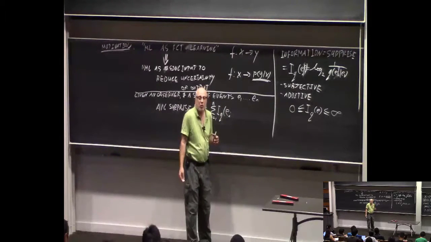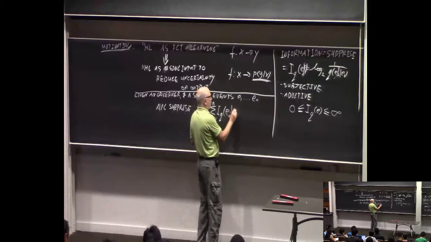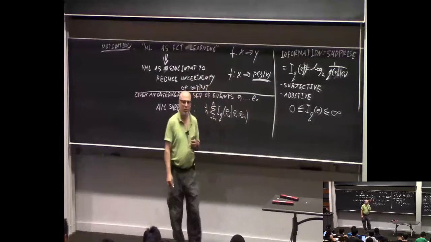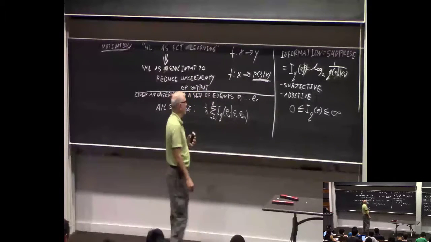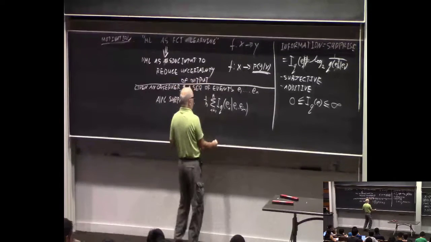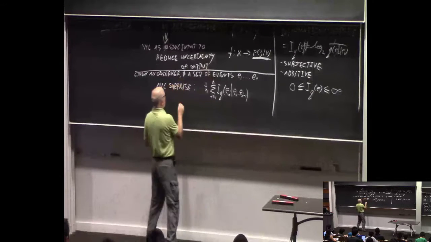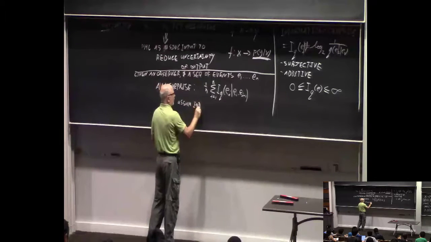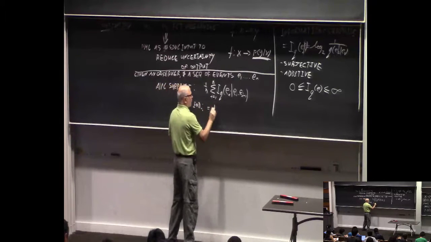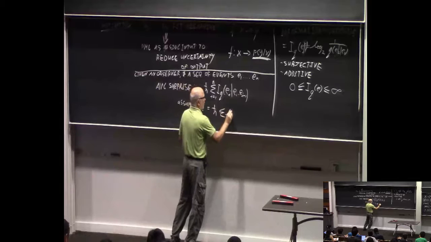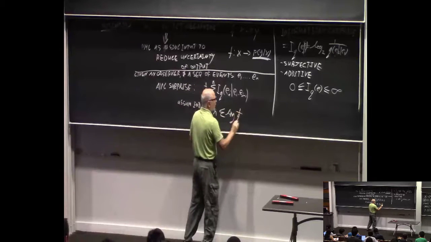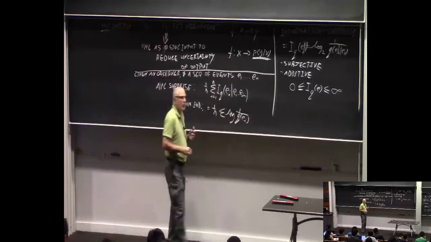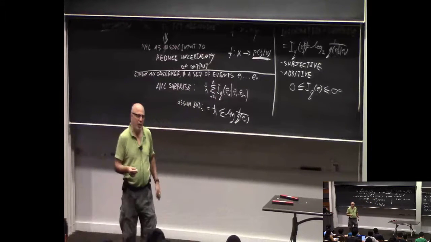If I don't want to assume that they're independent of each other, then I can do conditions on all the events that happened before. And I can write this, assuming independence. This would be 1 over n, sum of log 1 over q of ei. This is an average surprise.